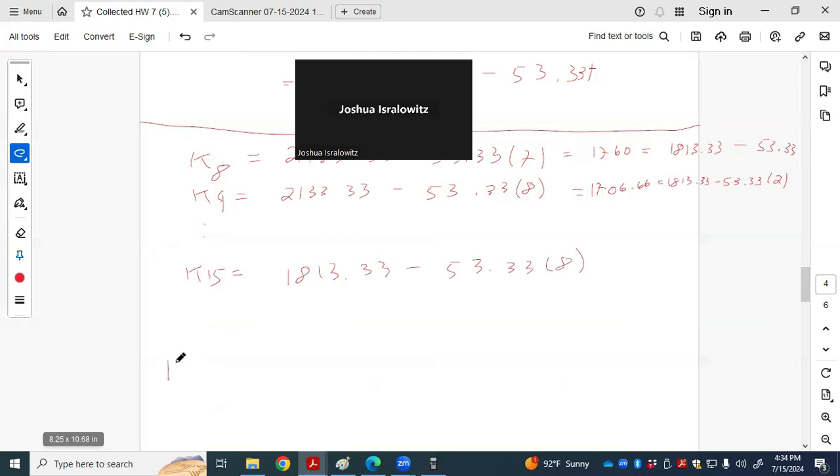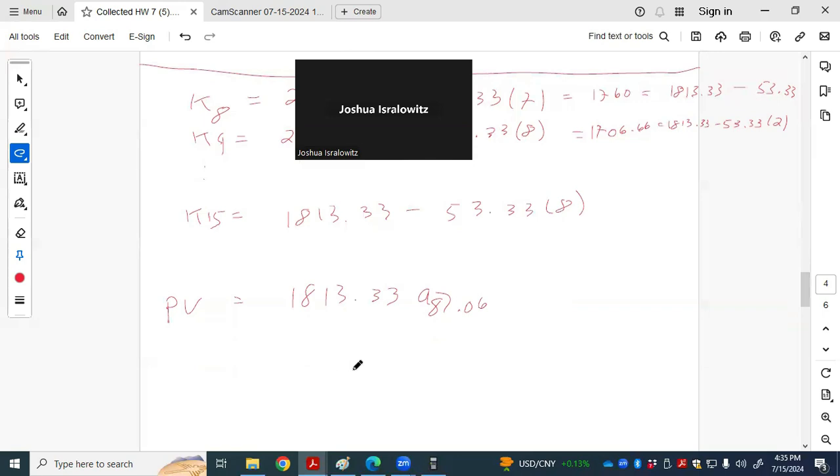All right, so the price is the present value of payments as usual. So it's this 1813.33. Excuse me. So A8 at 0.06. So that's the interest rate that this is priced at.